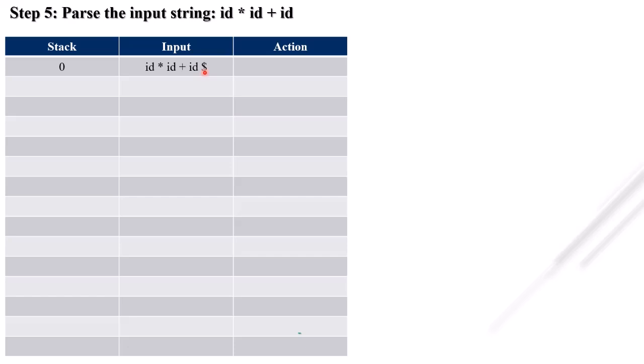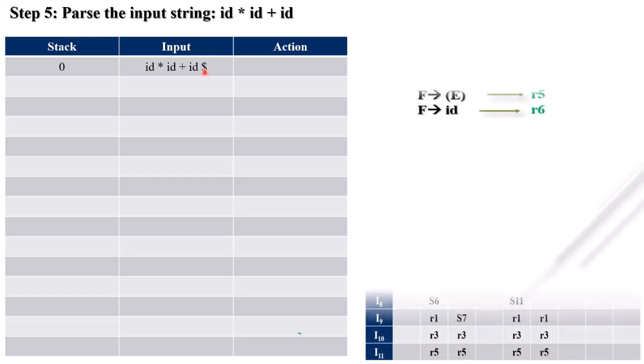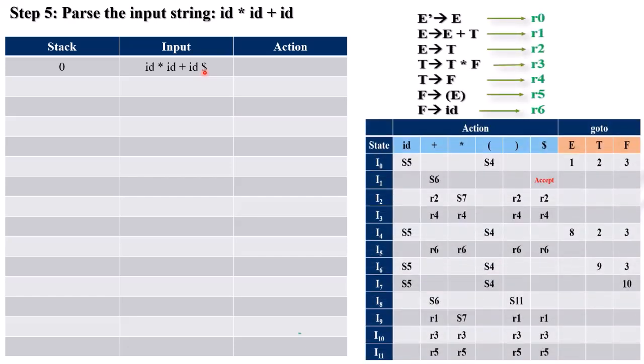So how, with the help of the SLR parsing table, can we parse this string? We have our SLR parsing table here. Let's see. In the stack it is 0 and in the input it is id.